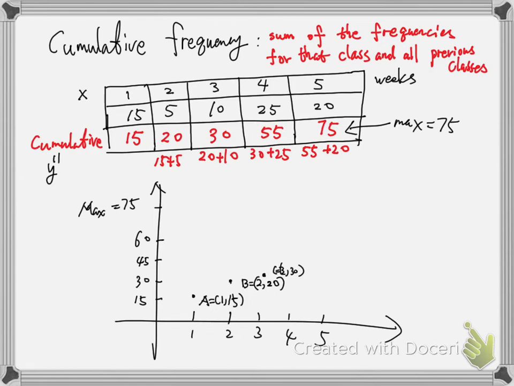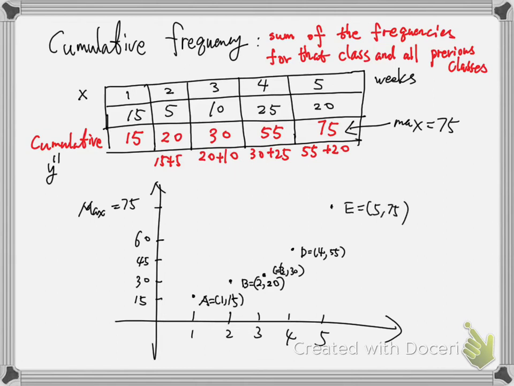So it jumped much higher. This is point D. And finally, we got point E, so that is 75.